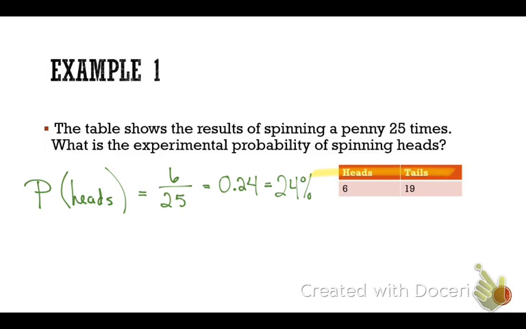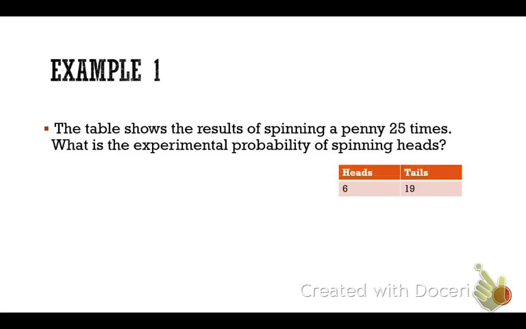There's going to be a pretty big gap, but what we see happen is if I had, say, spun this penny 300 times, if I had increased the number of trials, what the data shows is as I increase the number of trials, that probability starts matching up between your experimental and your theoretical. Okay? All right, and I'll explain more as we get along. But basically, if I don't have a lot of trials, I could see this vary quite a bit from the theoretical probability. So let's look at another one.